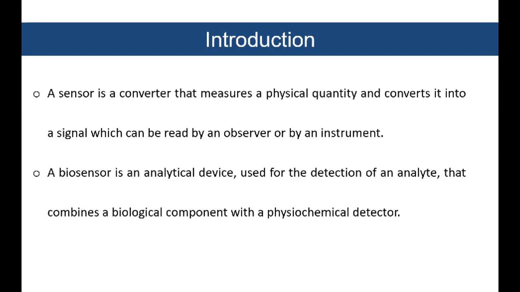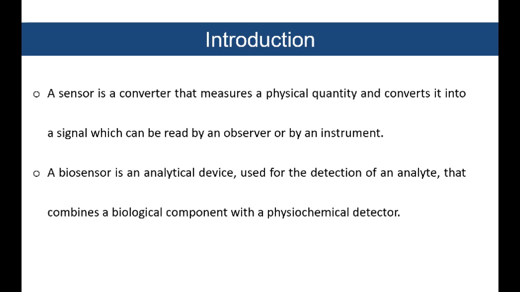In the previous chapters we have learned about the sensors and transducers, and as per the definition we got to know that a sensor is a type of converter that measures a physical quantity and converts it into a signal which can be read by an observer or by an instrument.